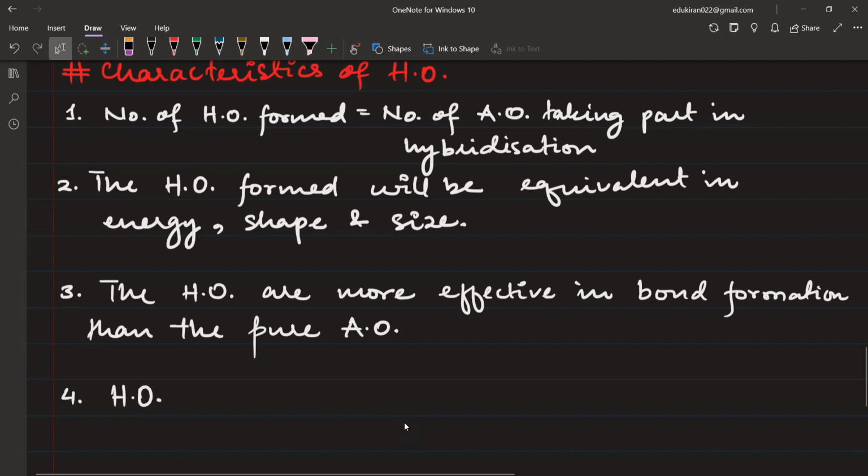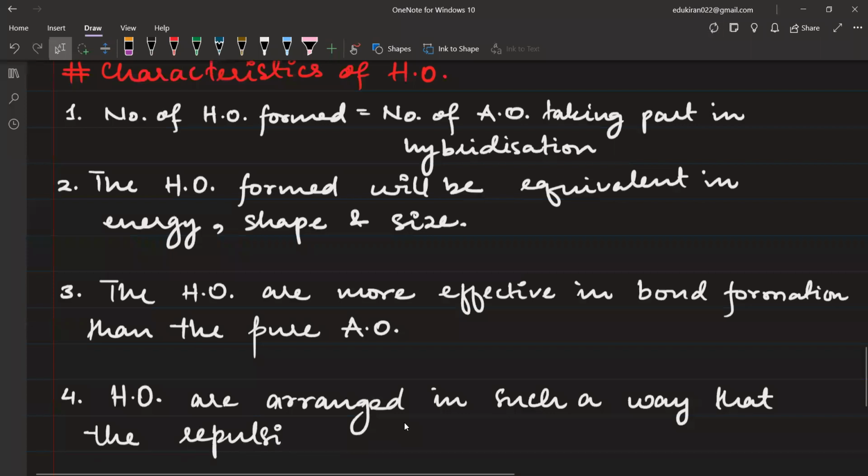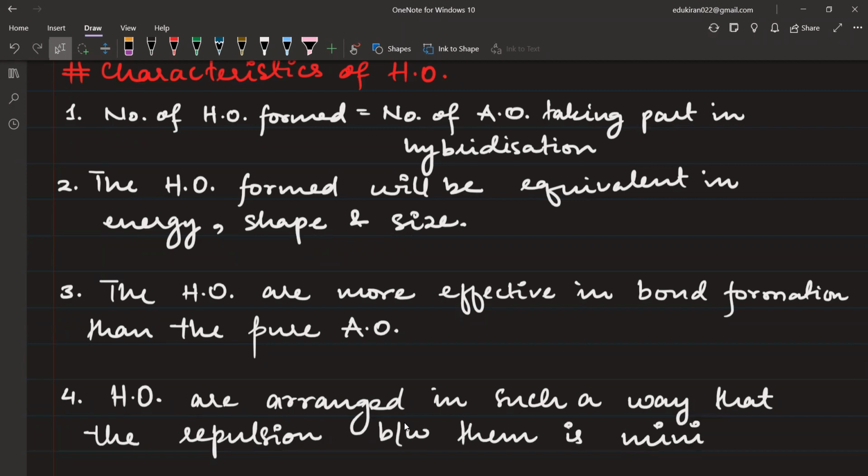Hybrid orbitals are arranged in such a way that the repulsion between them is minimum.